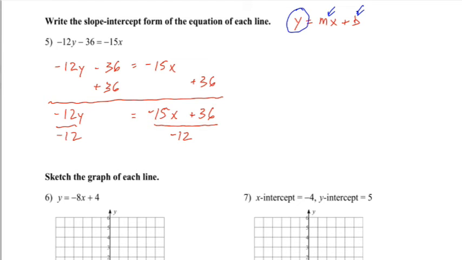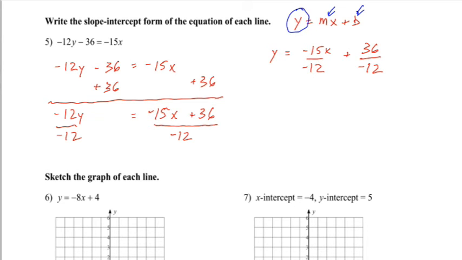I can rewrite this now, which I'll write up here as y is equal to minus 15x over minus 12, plus 36 divided by minus 12.